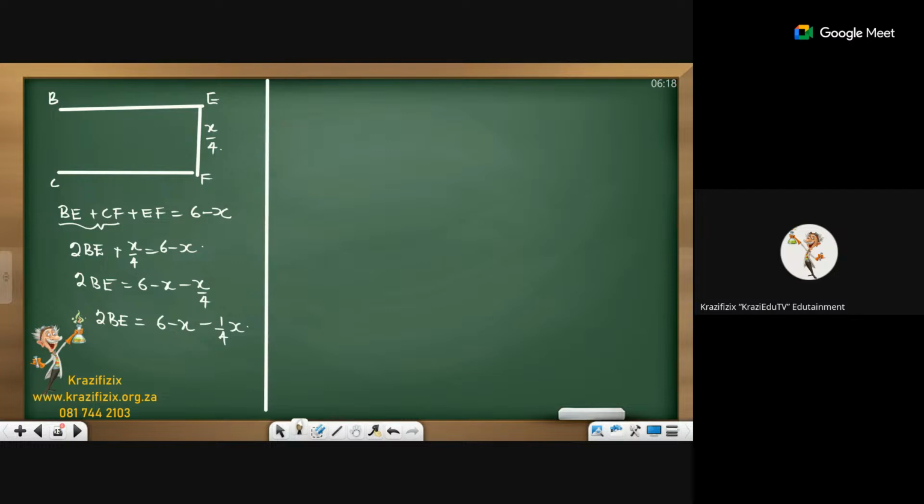All right, this can be simplified. These are like terms with the x's. Minus 1 and minus 1 over 4 would act on x. This is 2. But now, what is BE? Because we need all the dimensions to be able to walk through this.